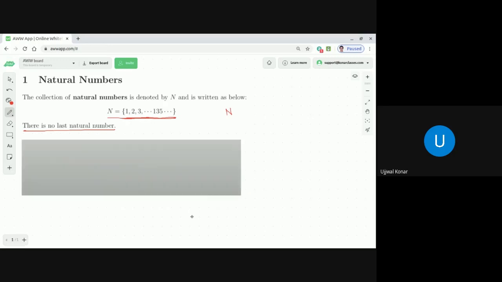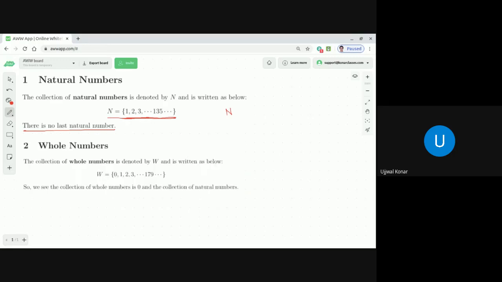As you see, the collection of whole numbers is denoted by capital W and is written as W equal to 0, 1, 2, 3, and it goes on. In other words, whole numbers W is nothing but 0 and all the natural numbers.